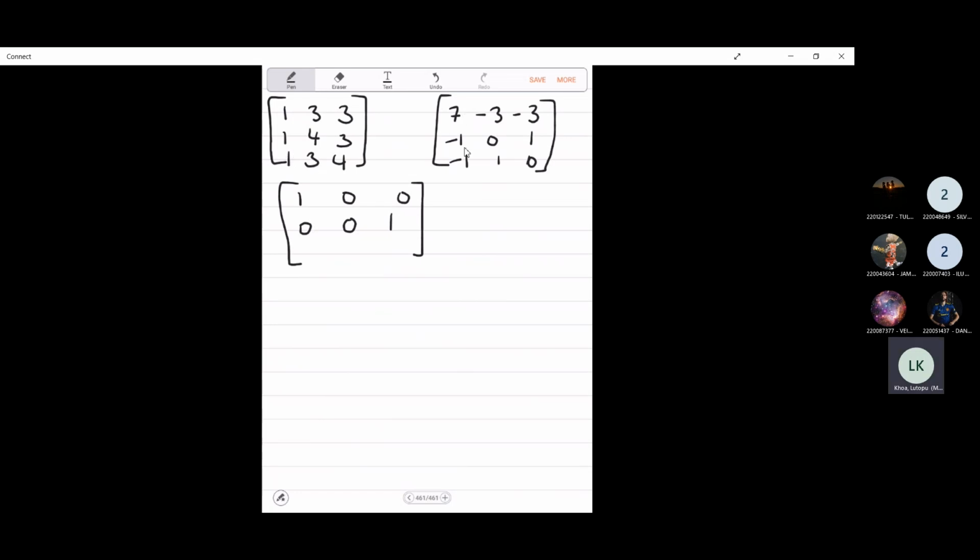This is this times that, which is 7 plus minus 3 plus minus 4. This is 0. And then 1 times minus 3, 3 times 0, and then 4 times 1. Okay, this is 1.